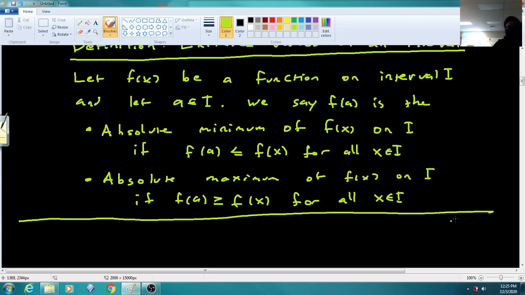We're going to write down a theorem, and then we're going to look at a couple cases. So we have this theorem.